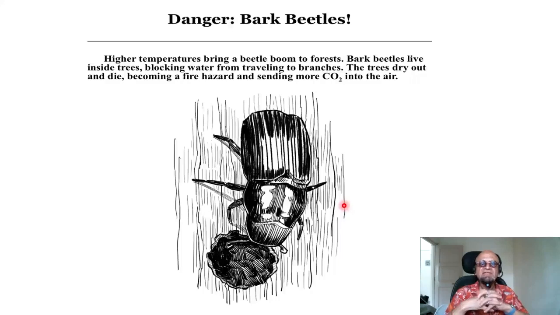Bark beetles live inside trees, blocking water from traveling to the branches, so they begin to eat away the trees. They're like the cancer that affects our body. The trees dry out and die, becoming fire hazards and sending more CO2 into the air. Photosynthesis decreases, CO2 doesn't go into the trees. Trees dry up and burn up, and all the CO2 that was there is also released.